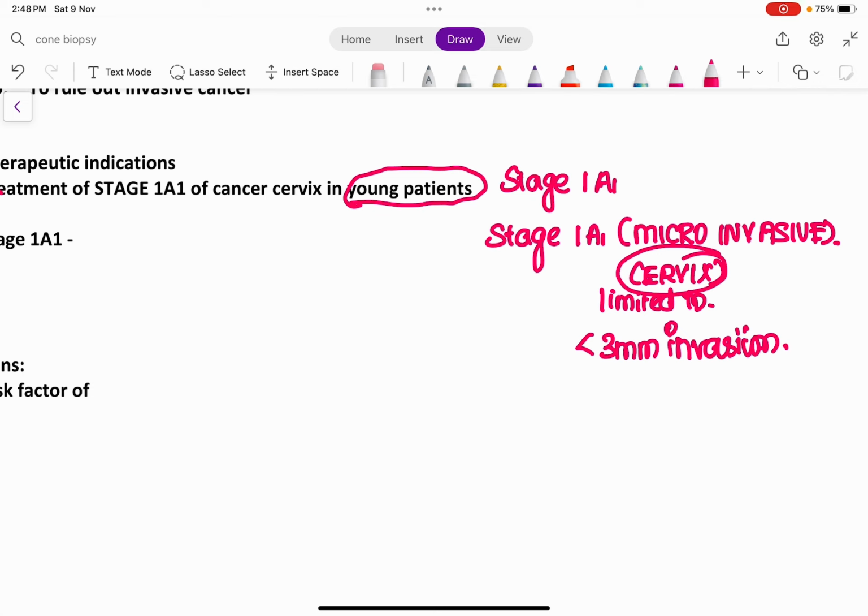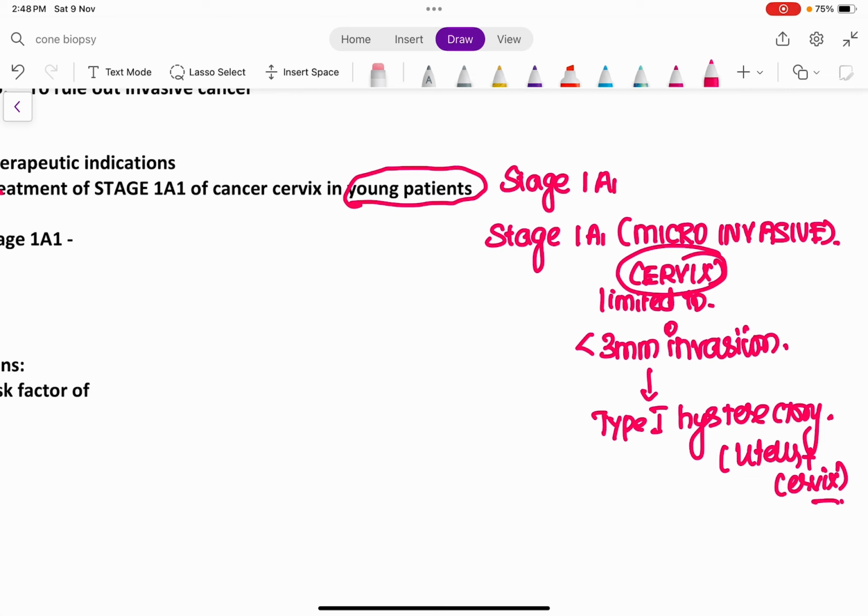So for that reason, you're going to do hysterectomy in that patient, right? Type 1 hysterectomy. What is type 1 hysterectomy? You're going to remove the uterus and the cervix. Is that clear? Stage 1A1 in young patients, you do cone biopsy or conization. But in elderly patients, you have to do hysterectomy, that is uterus and the cervix.